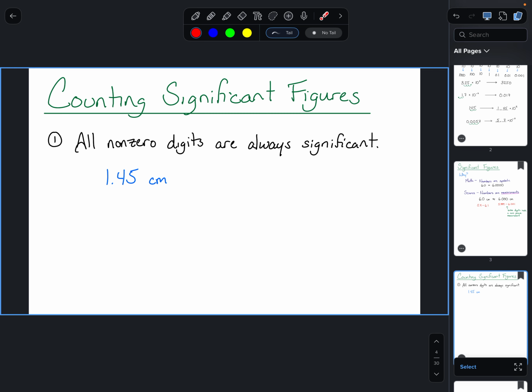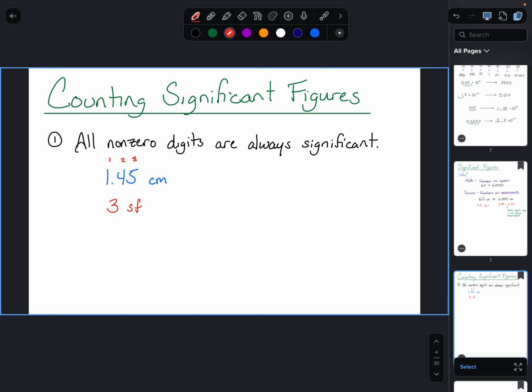Well, all of these are non-zero digits, which means that all of them are considered to be significant. So in this measurement, I have a total of 3 sig figs. I'm going to be lazy and just say SF.